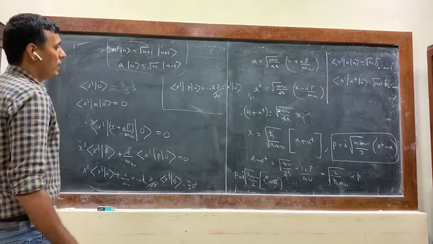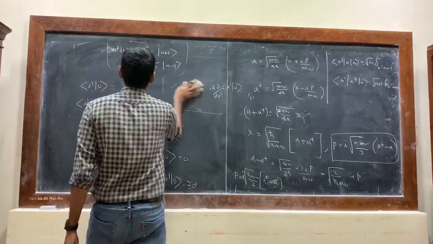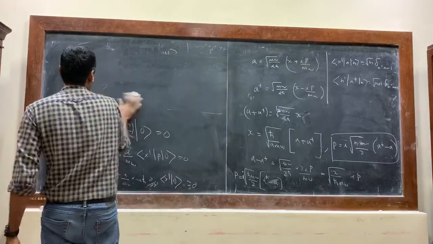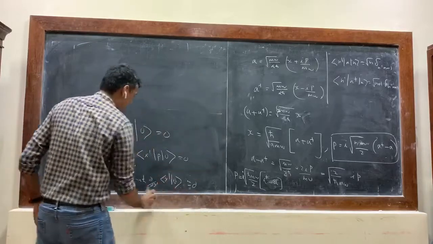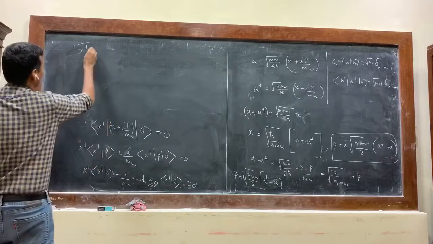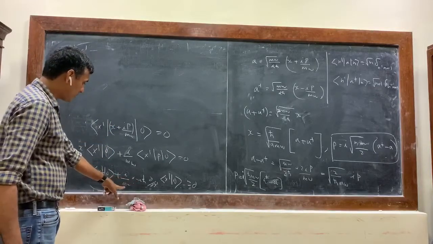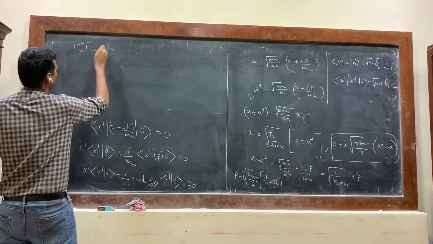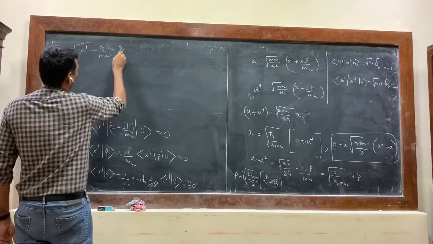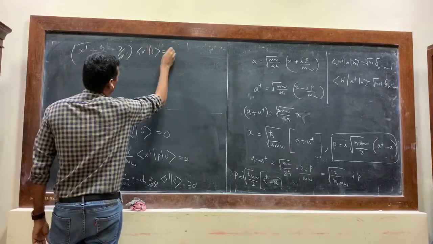Which implies that x prime, here you have a minus i square, that will be a plus 1, h cut by m omega, del by del x prime of x prime 0, equal to 0.